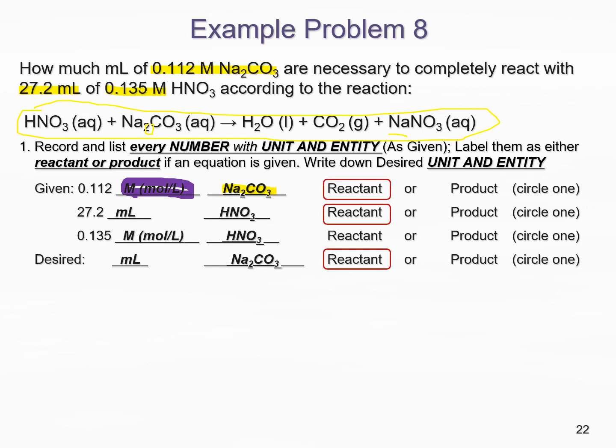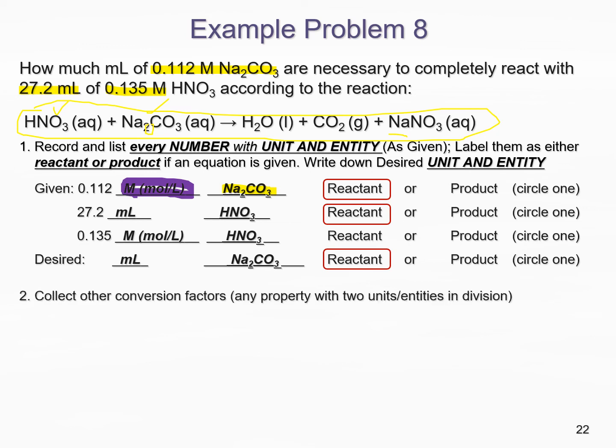As we check this reaction, nitric acid is a reactant, sodium carbonate is a reactant. So we know one reactant with the amount, and the question wants us to figure out the second reactant. Two different substances, meaning stoichiometry. One reactant known, meaning it is not a limiting reactant problem. So this is as much information as we can get by labeling the reactants and products for the information that we extract from the question.